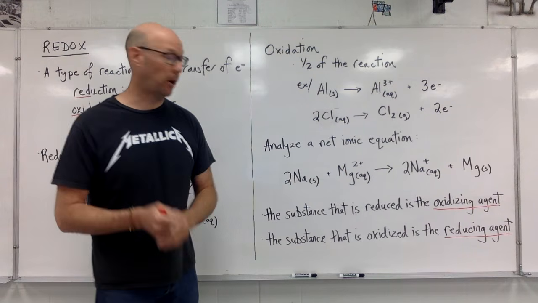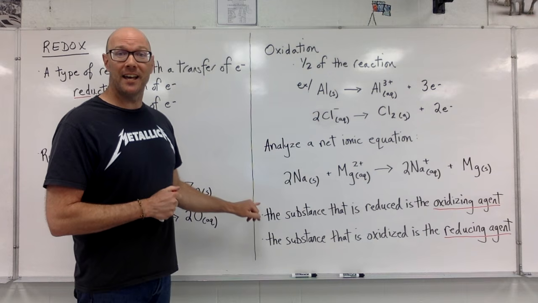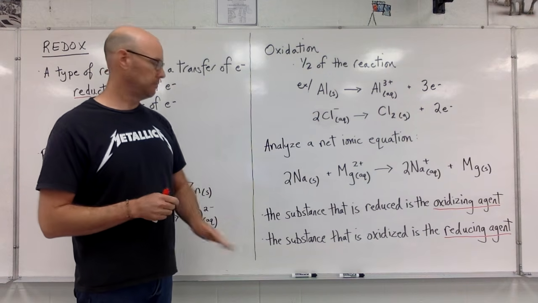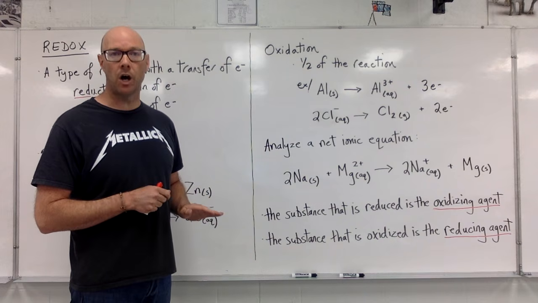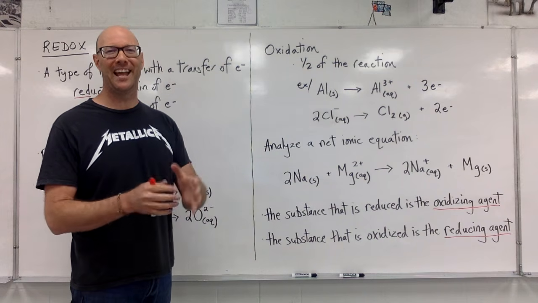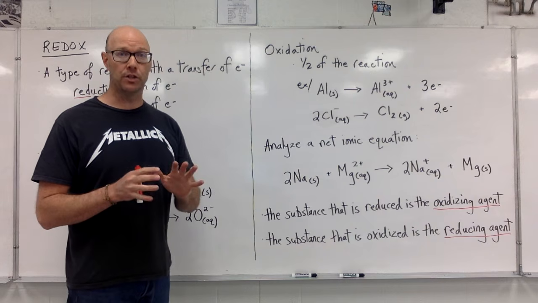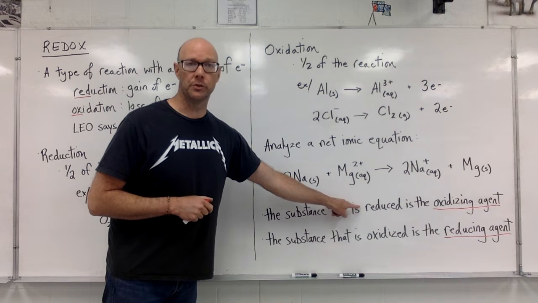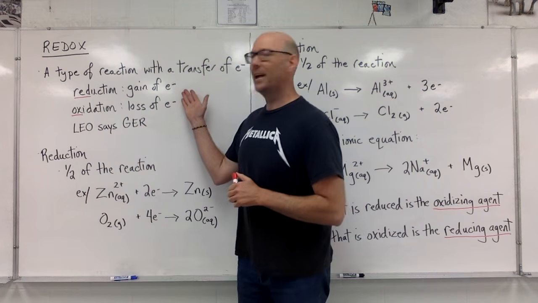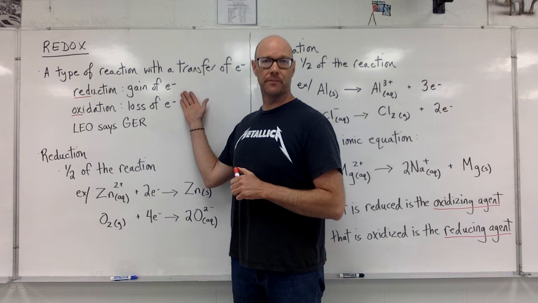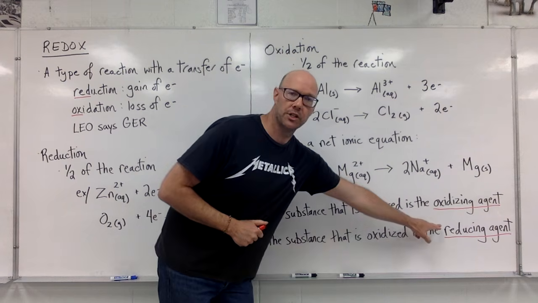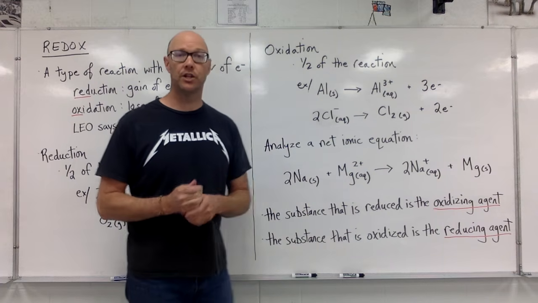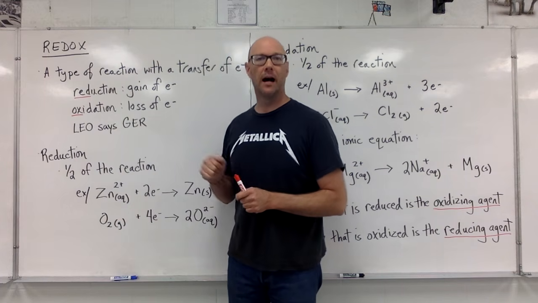Now, here's the very tricky part. The substance that gets reduced, we call the oxidizing agent. And the substance that is oxidized, we call the reducing agent. So it's a little bit strange. The oxidizing agent is the chemical that got reduced, and reduction is a gain of electrons. The reducing agent is the chemical that was oxidized, and oxidation is a loss of electrons.